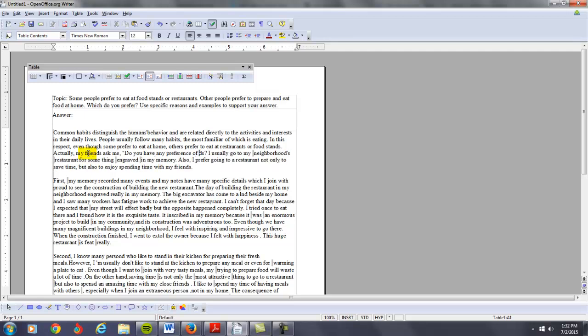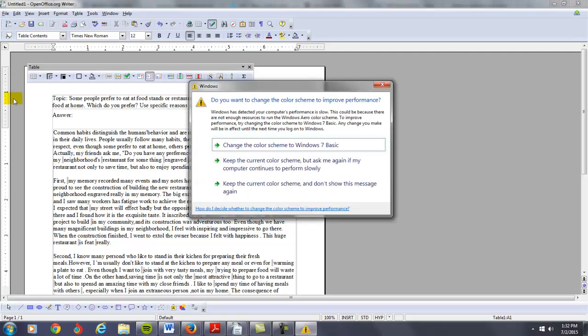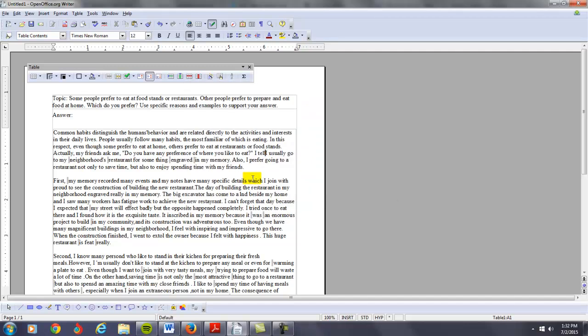Let's make it simple here. Then maybe if you use it as a quote like that, so then you can say, actually my friends asked me, do you have any preference of where you like to eat? Maybe say something like this. I tell them that I usually go to my neighborhood's restaurant for some things engraved in my memories.